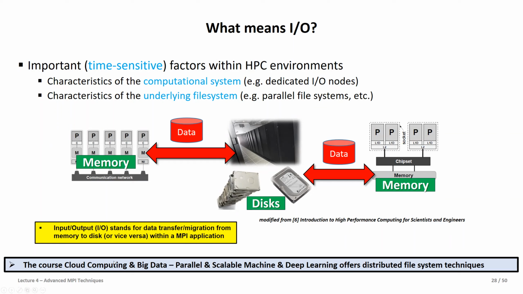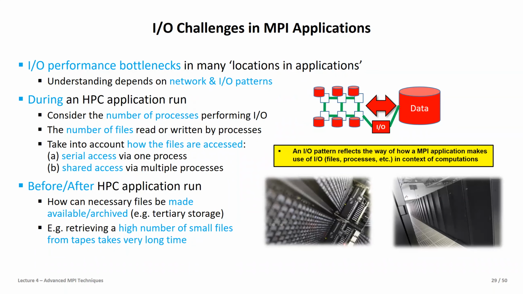Here we have a complementary course called Cloud Computing and Big Data, where we talk about lots of different factors like machine learning, deep learning, but also much more on distributed file systems, distributed areas of computing. So here we remain in the realm of one big cluster, interconnected, with lots of distributed memory with data.